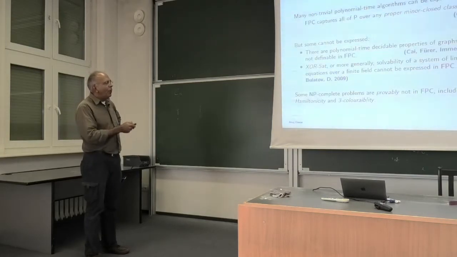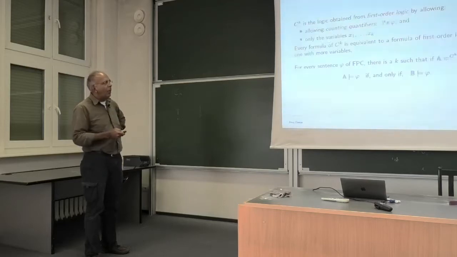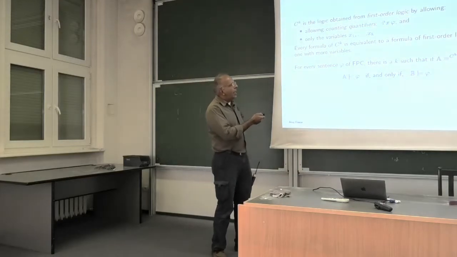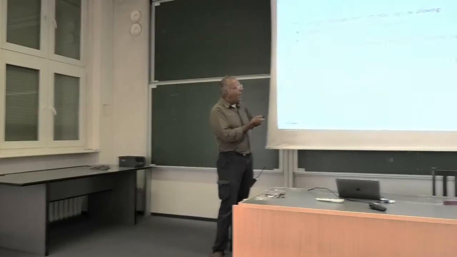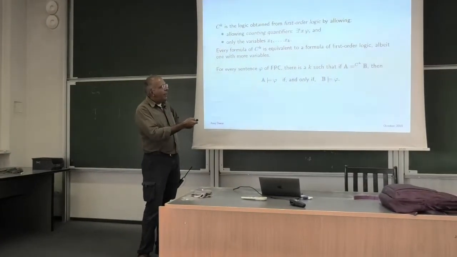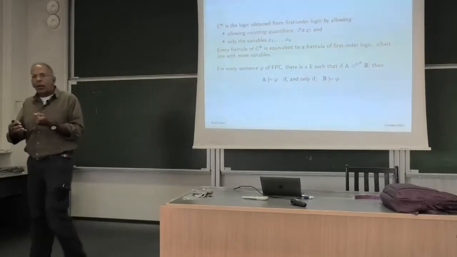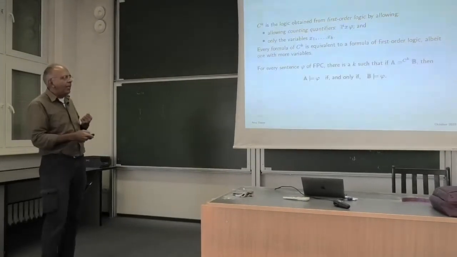So how do we prove that something is not in FPC like this? Well, we rely on this translation that I've told you. That is, any formula in FPC is invariant under the CK equivalence for some constant K, right? Because you can translate the formula for a fixed size of structure into a formula of CK.